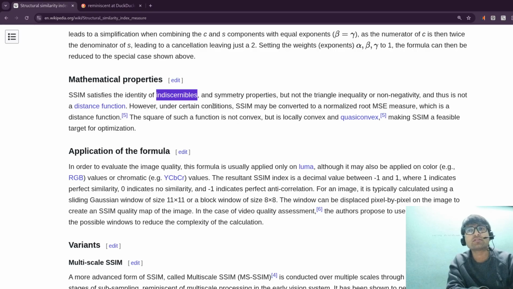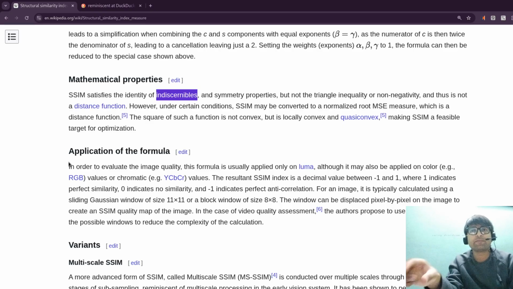However, under certain conditions, SSIM may be converted to the normalized root MSE measure, which is a distance function. The square of such a function is not convex but locally convex or quasi-convex, making SSIM a feasible target for optimization.